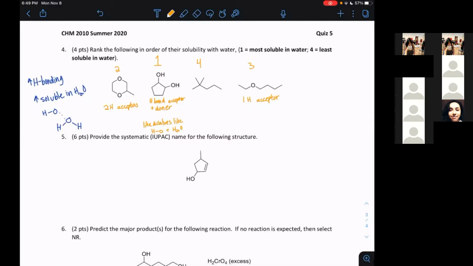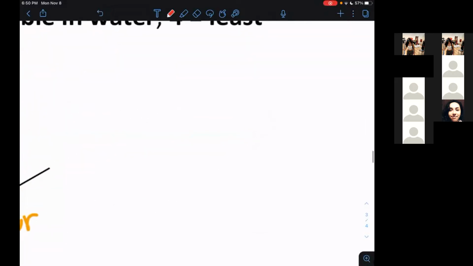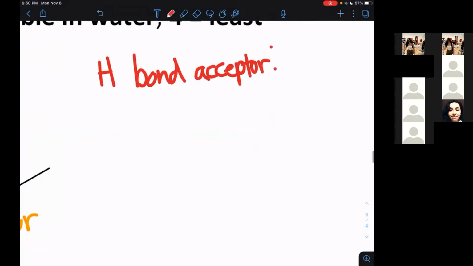The one acceptor is because of the oxygen. Yes, oxygen is a hydrogen bond acceptor. I'll write it on the side like the definitions.